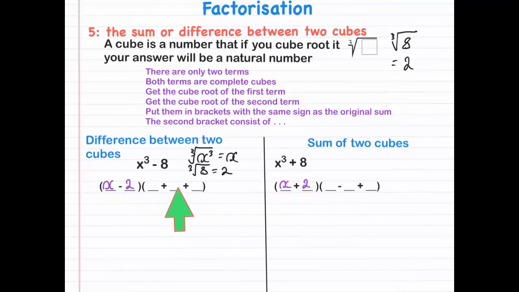Okay, brilliant. Now, where do the values for the second one come from? Okay, so what you need to know, in all of these answers, we will only have one minus. So if the minus is in that first bracket because it's a difference between two cubes, the long bracket will only have positive signs.